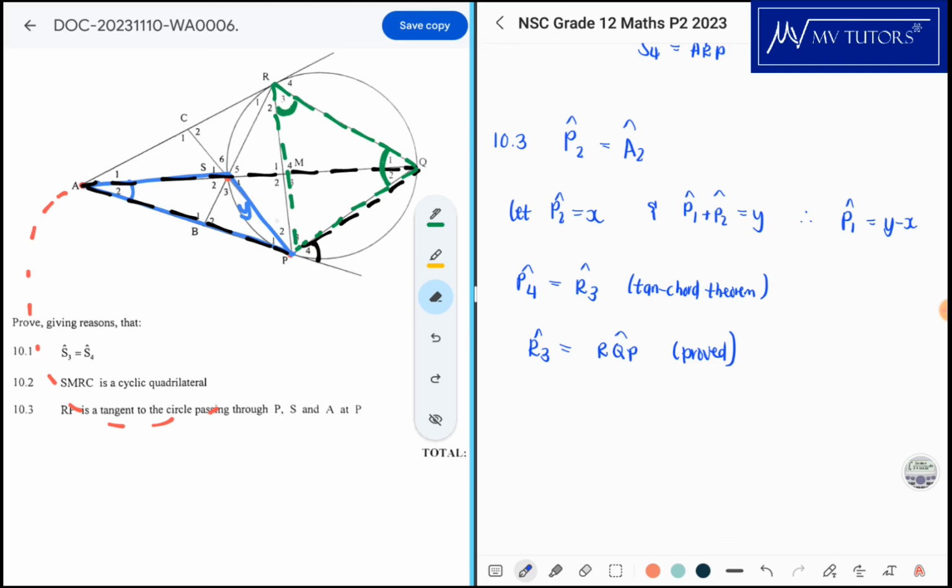So also if I say P4 is equal to R3, then P1 plus P2 is equal to RQP. And we said that P1 and P2 is equal to Y. All right, I think I'm getting my feet again. So Y is equal to RQP.